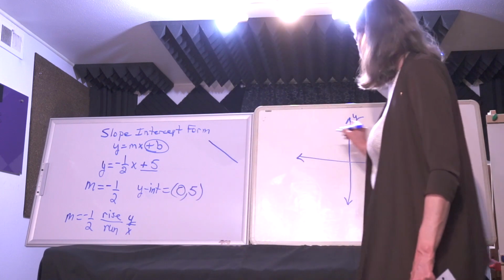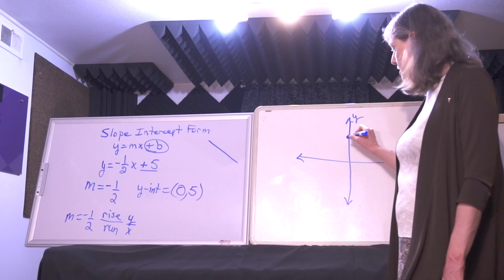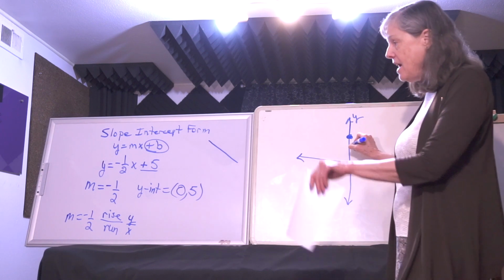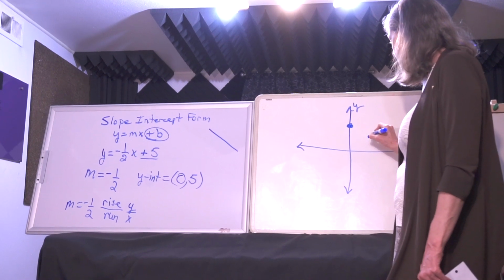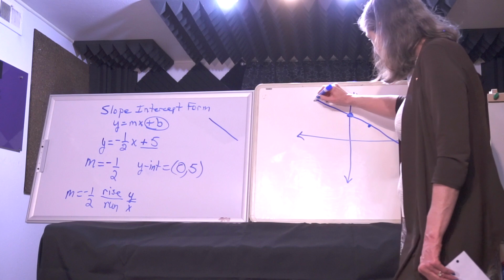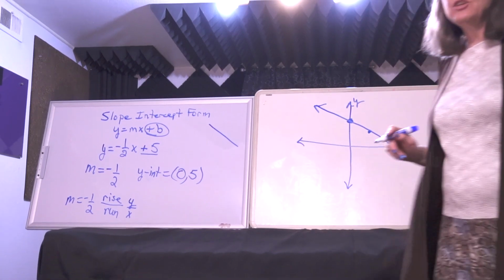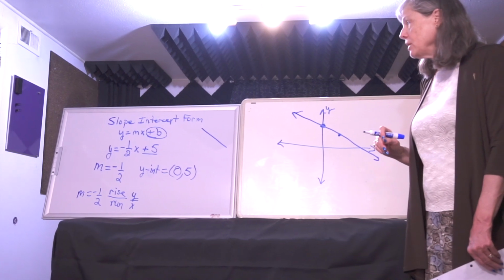So in this case, I'm going to go down because it's -1, down 1, and then to the right, because 2 is positive, 2. And there is my next point. Way easier than even getting to intercept points.